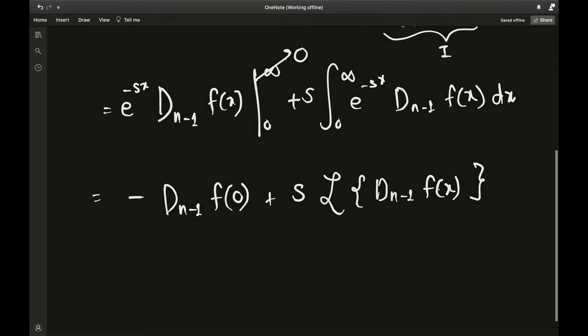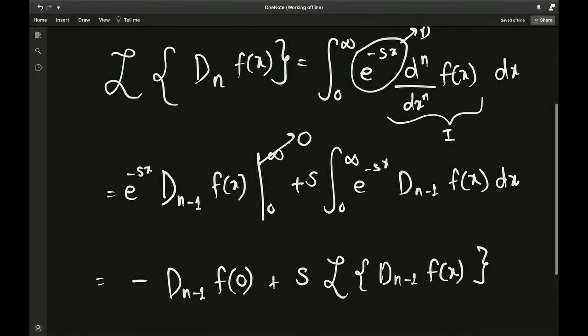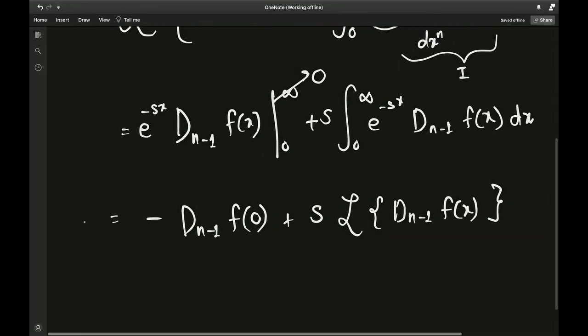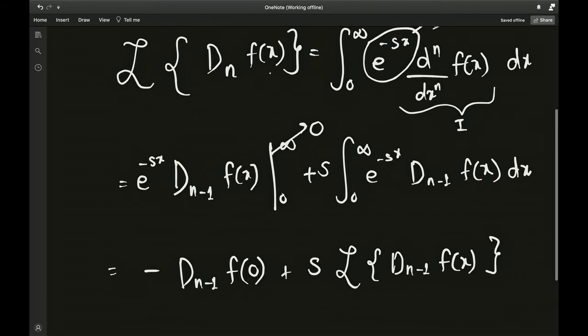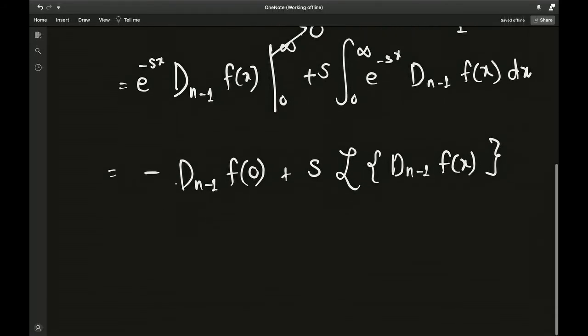So if I didn't know any better, I would say this is a recursive relation, because the Laplace transform of the nth derivative of f of x is nothing but negative the n minus 1th derivative of f of x at x equals 0 plus s times the Laplace transform of the n minus 1th derivative of f of x. Sounds crazy, but we can continue this process.